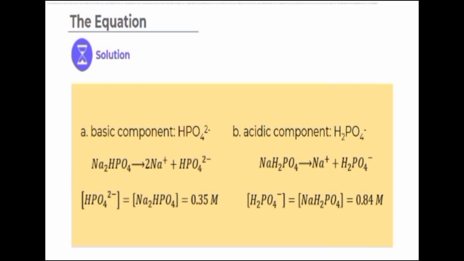The acidic component is dihydrogen phosphate, in which 1 mole of this ion is released from every 1 mole of sodium dihydrogen phosphate. Thus, the concentration of dihydrogen phosphate ion equals that of sodium dihydrogen phosphate, which is 0.84 molar.